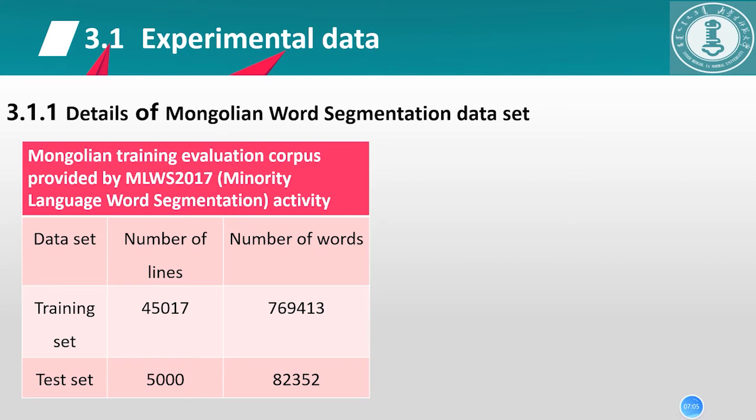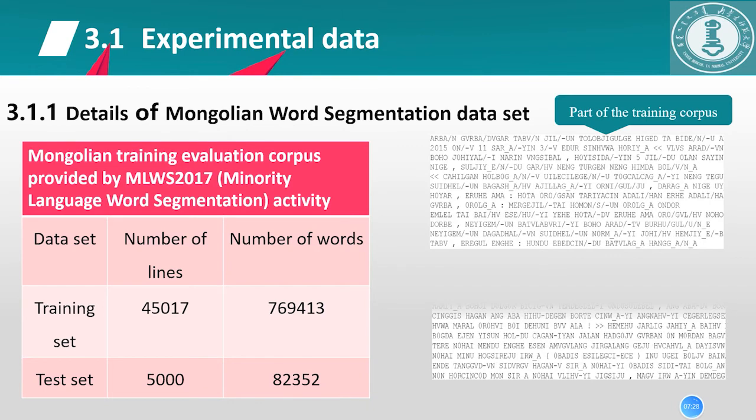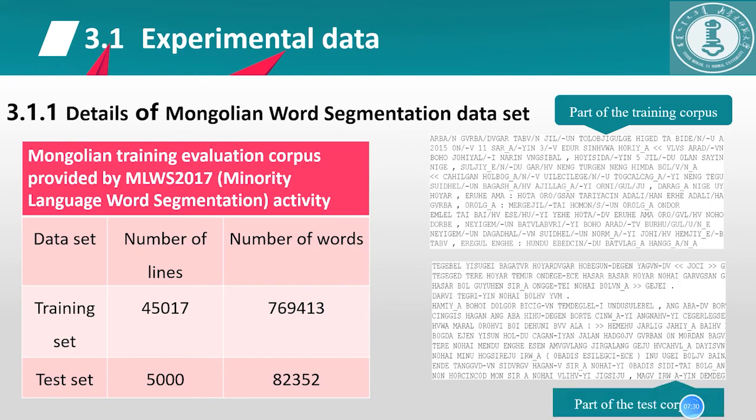The size of the corpus is a total of 50,017 sentences and 850,000 words. The dataset is divided into training set and test set. The details of the division are shown in the table. Part of the data style is shown on the right.